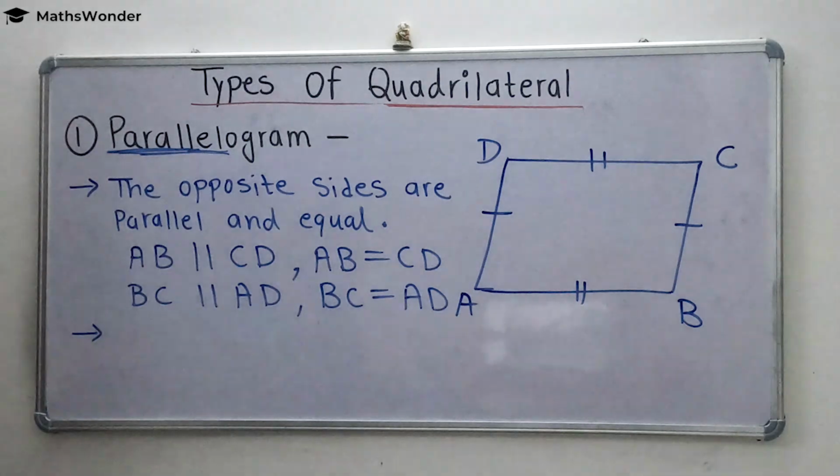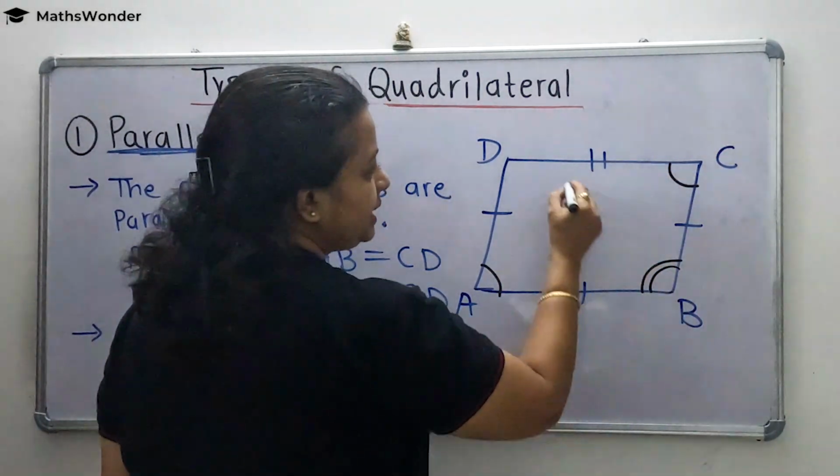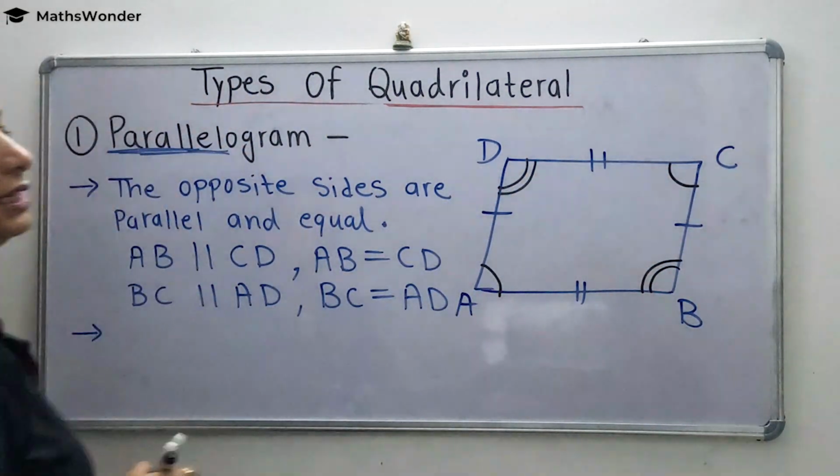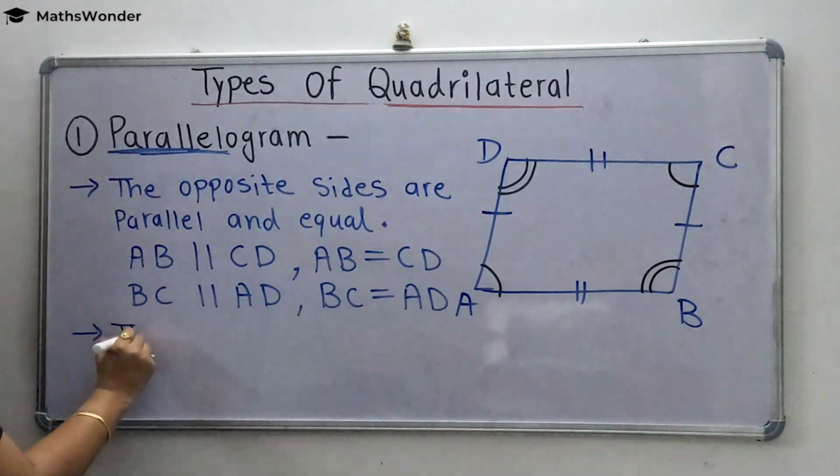The second property is that the opposite angles are equal also. Which opposite angles? A is equal to C and B is equal to D. So opposite angles are equal.